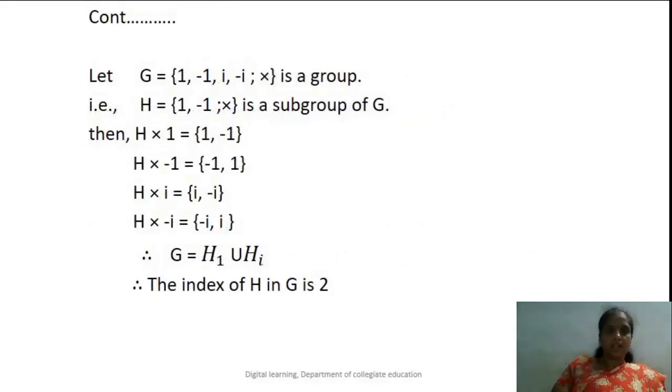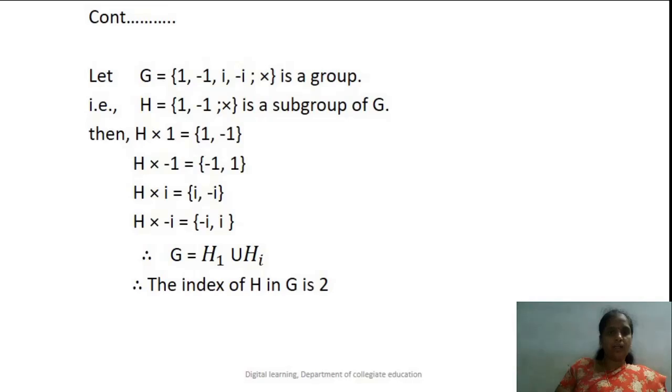So let G be {1, minus 1, i, minus i}, a group under multiplication. The subgroup of G is considered as {1, minus 1}. In the Ha form, we get H into 1 as {1, minus 1}, H into minus 1 as {minus 1, 1}, H into i becomes {i, minus i}, and H into minus i becomes {minus i, i}.